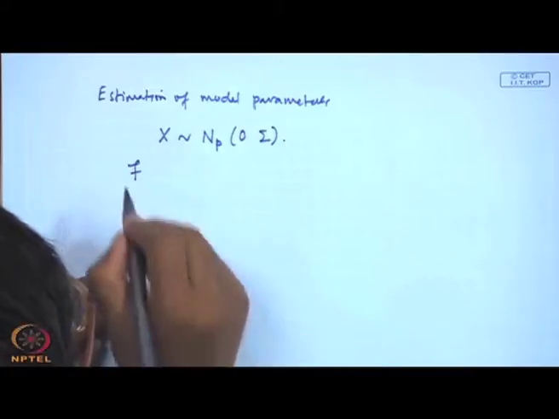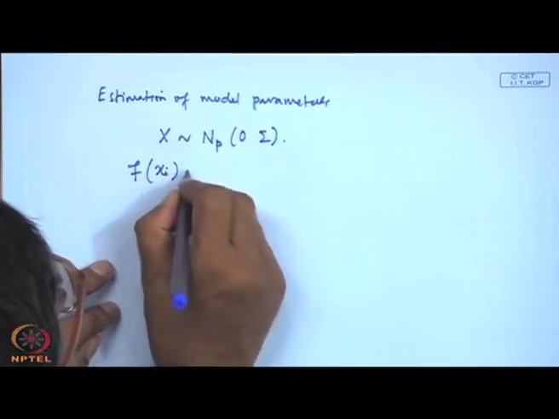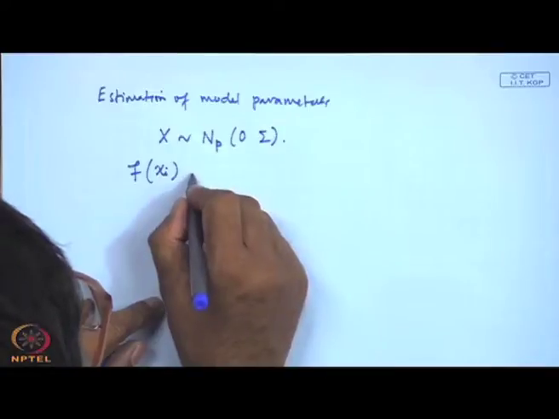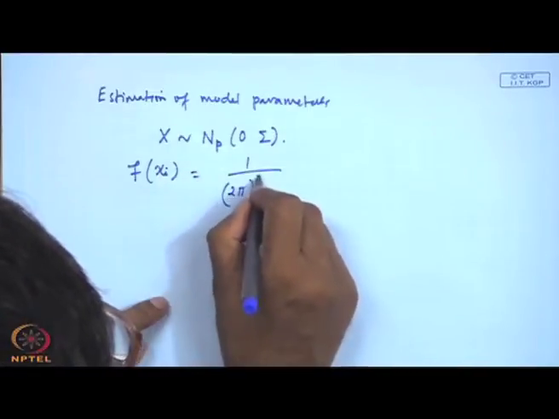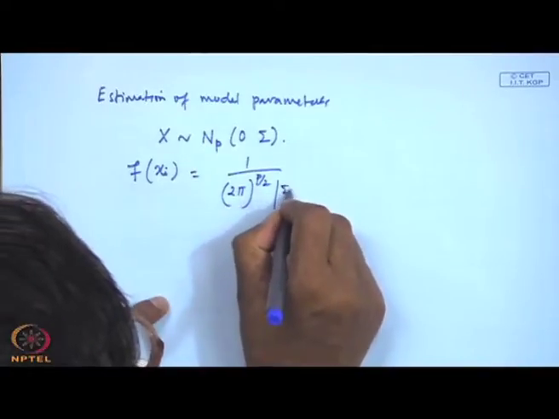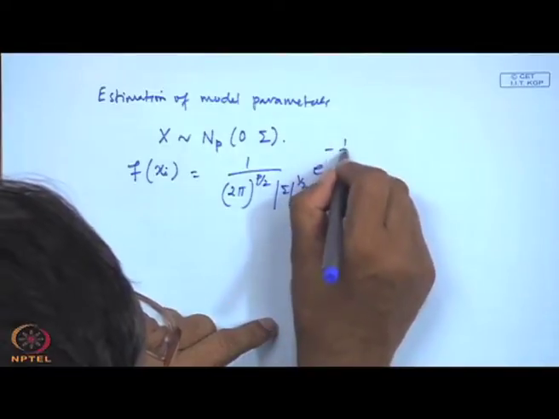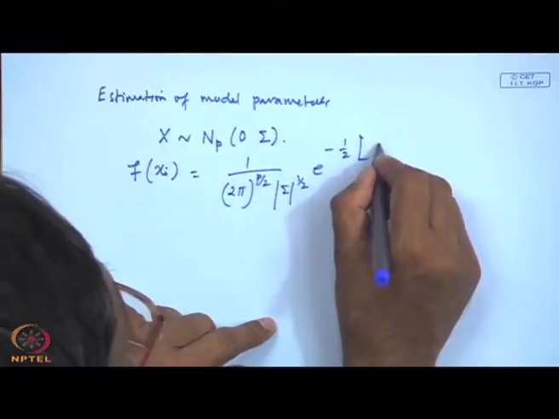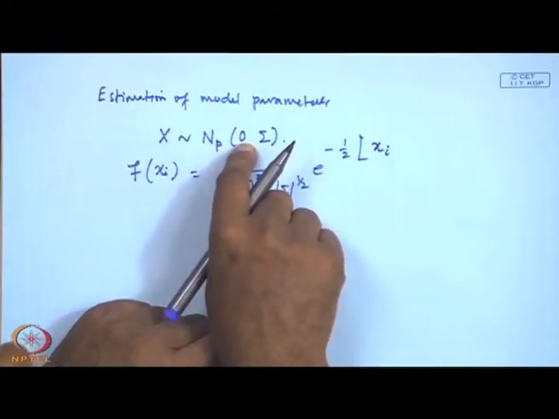Then for any multivariate observation x i, the PDF can be written like this: 2 pi to the power p by 2, sigma determinant to the power half, e to the power minus half, x i minus mu transpose sigma inverse x i minus mu, where mu is 0 here.